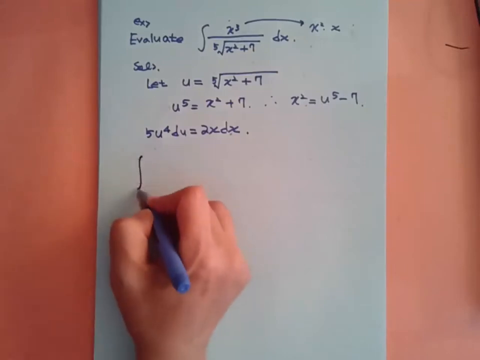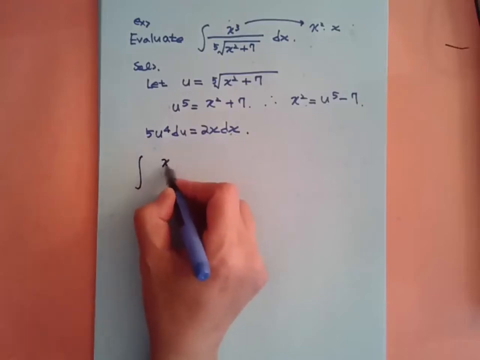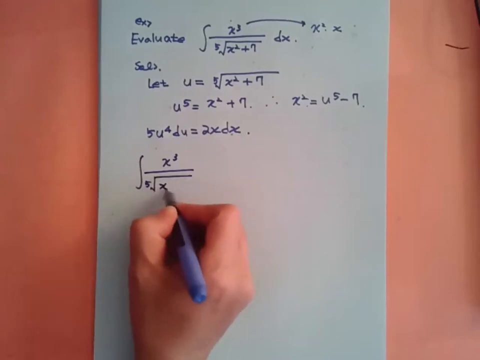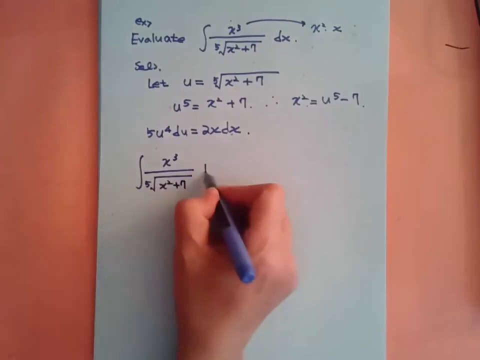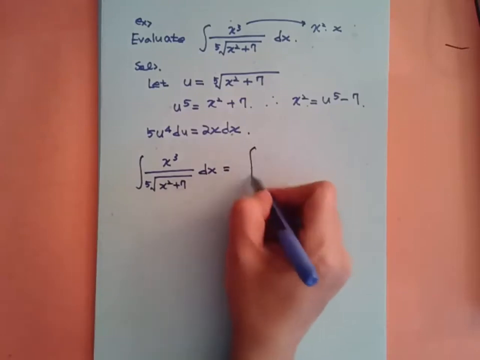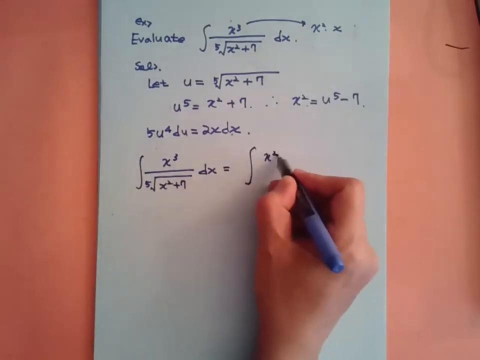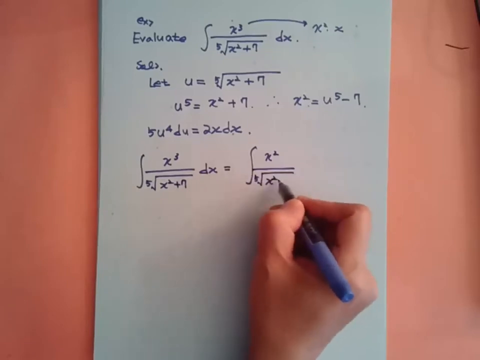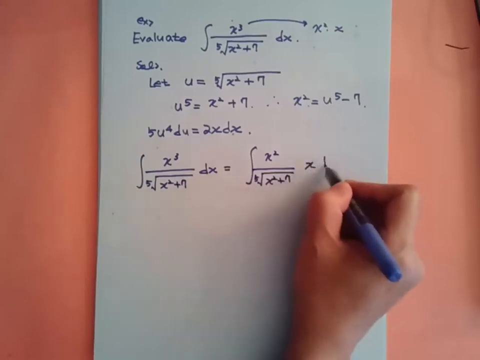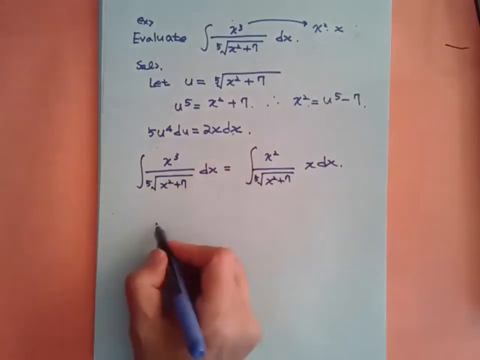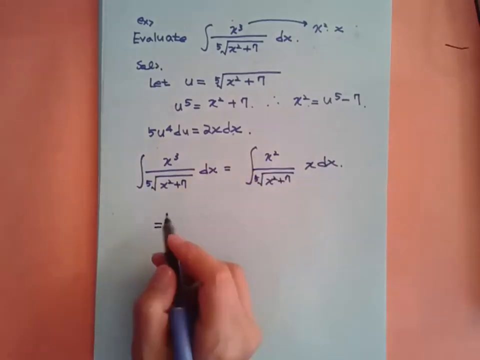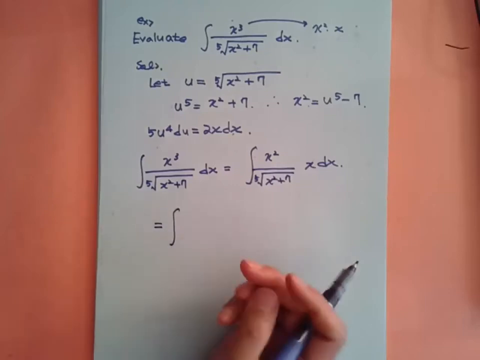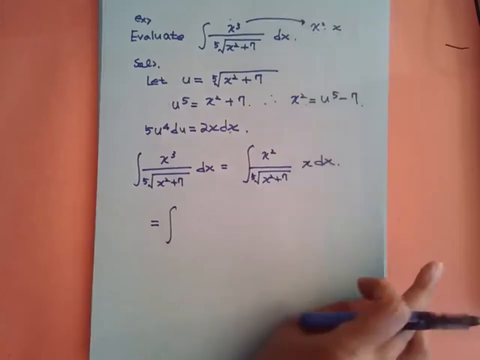So let's combine all those things. So x cubed over 5th root of x squared plus 7 dx equals integration x squared over 5th root of x squared plus 7 x dx. So we just do substitution to eliminate x-related things as well as the 5th root of something.